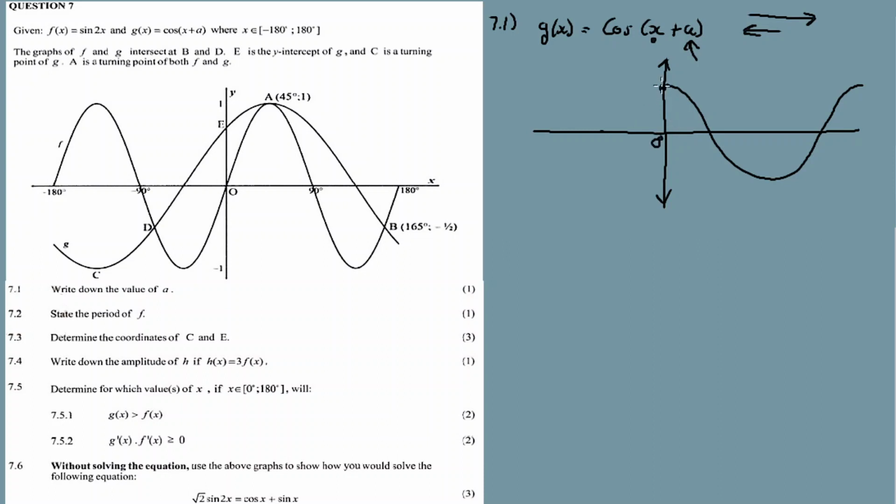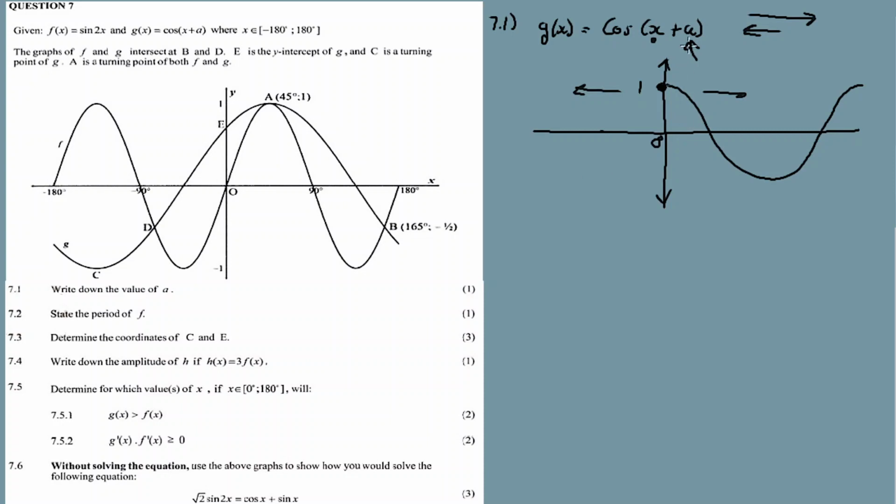At 0 degrees it starts at 1, at an amplitude of 1. So if there is an a, the graph moves either to the right or to the left. You need to pay attention to this turning point, and see where it starts from, from 0.